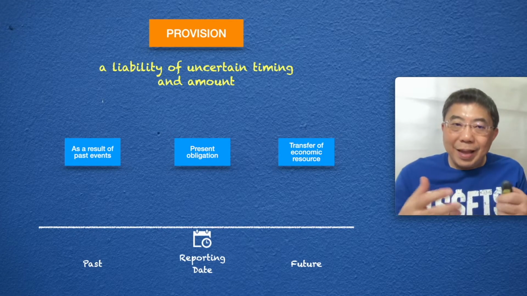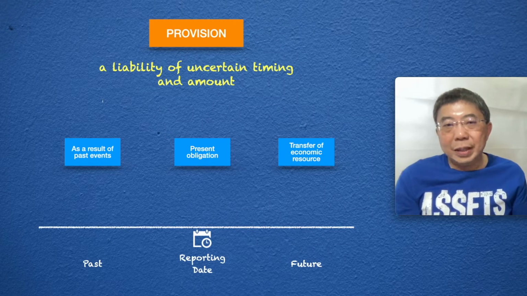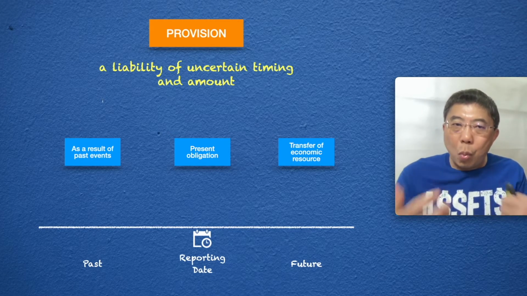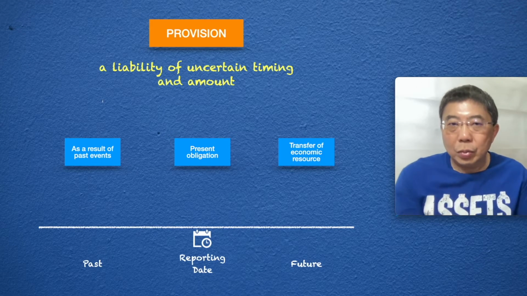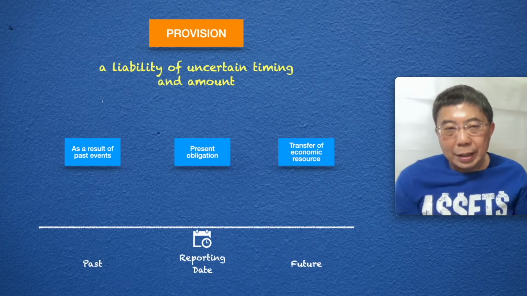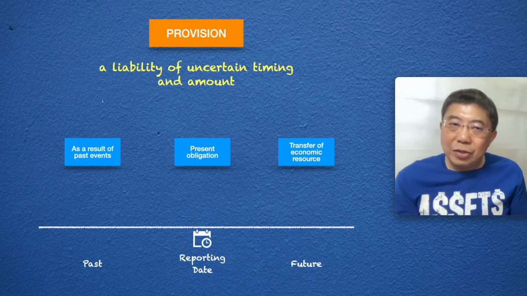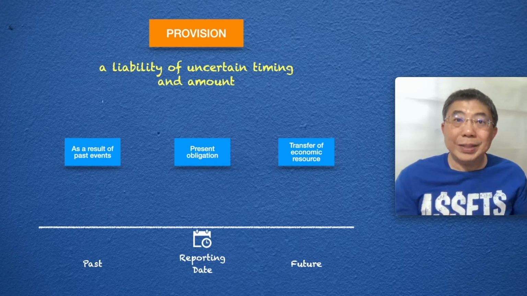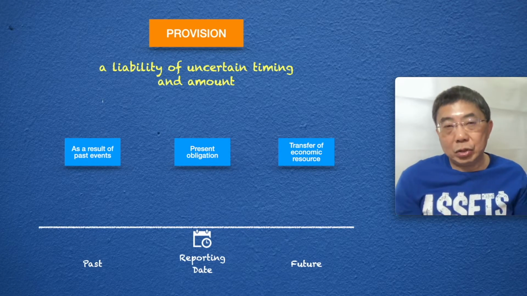That means there is a present obligation. It's just that we are not so sure when and how much we will need to pay to the other party. So let's look at an example to illustrate what provisions may be.